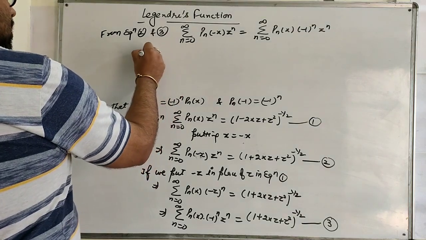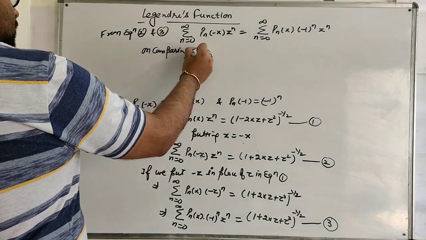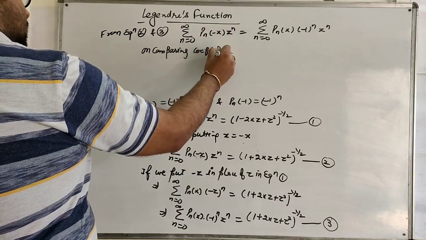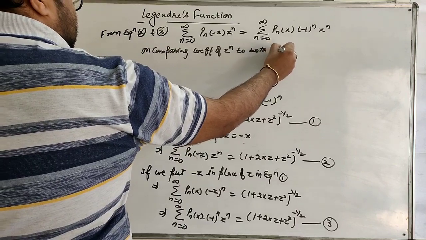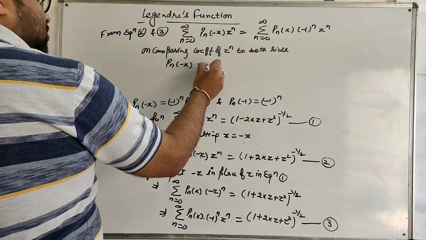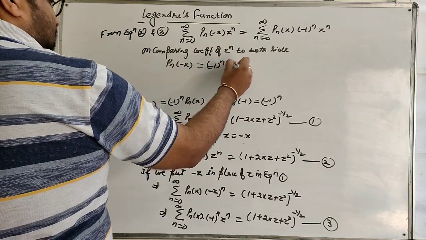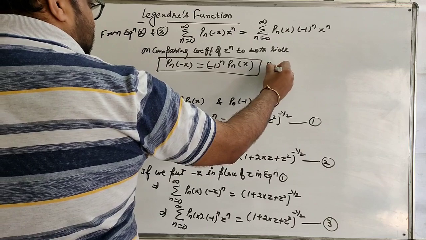So on comparing coefficient of z raised to power n on both sides, Pn(minus x) is equal to (minus 1) power n Pn(x). So this is the proof.